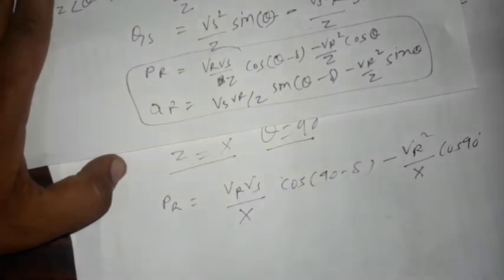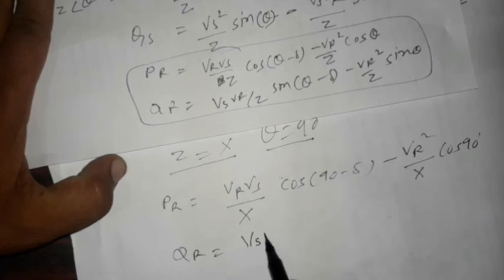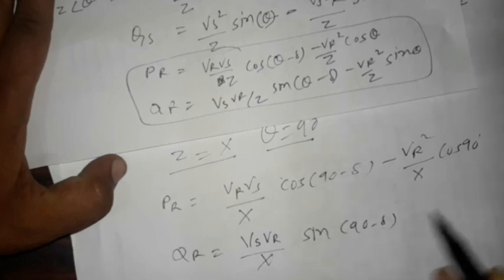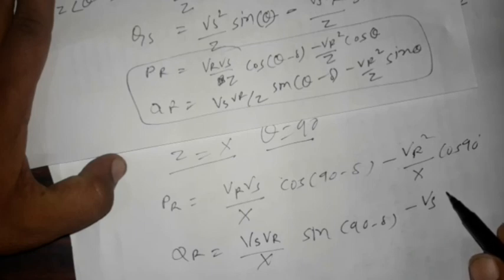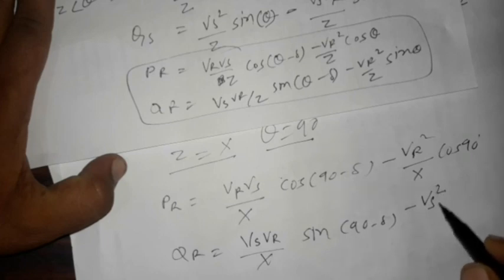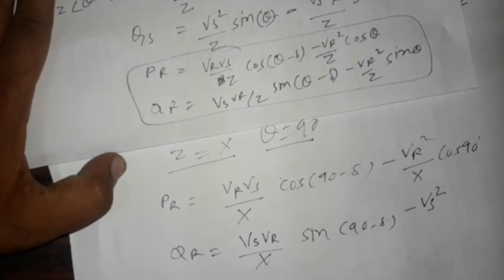Now for the reactive power, QR is equal to Vs into Vr by X sin 90 minus delta, minus Vr square by X sine 90.